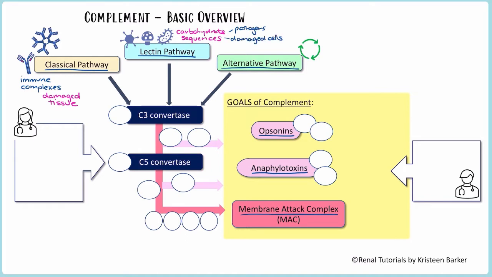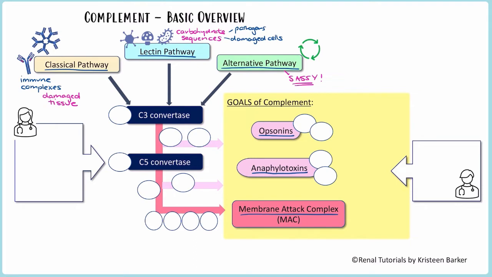And finally, the alternative pathway, which is the sassiest of the pathways. This is always ticking over in the background and will activate quickly when it comes into contact with foreign cell surfaces. And whilst these pathways are described separately, they're not entirely exclusive. They each have a tendency to feed into and amplify each other.